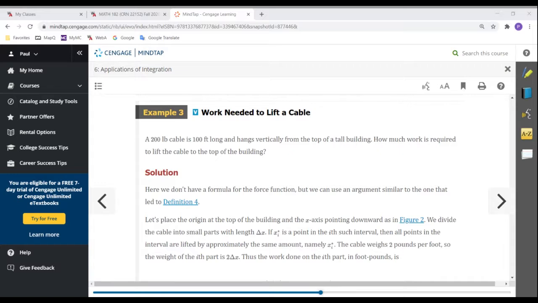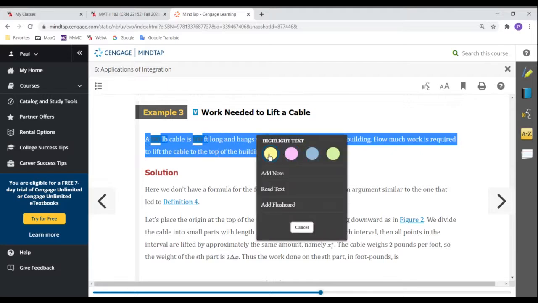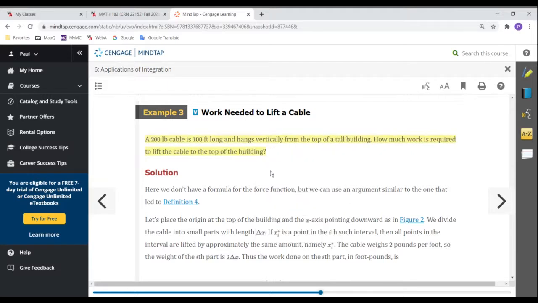Okay. So I wanted you to read the wording a little bit before I started this problem. Here you have a 200-pound cable. It's 100 feet long and hangs vertically from the top of a tall building. How much work is required to lift the cable to the top of the building?